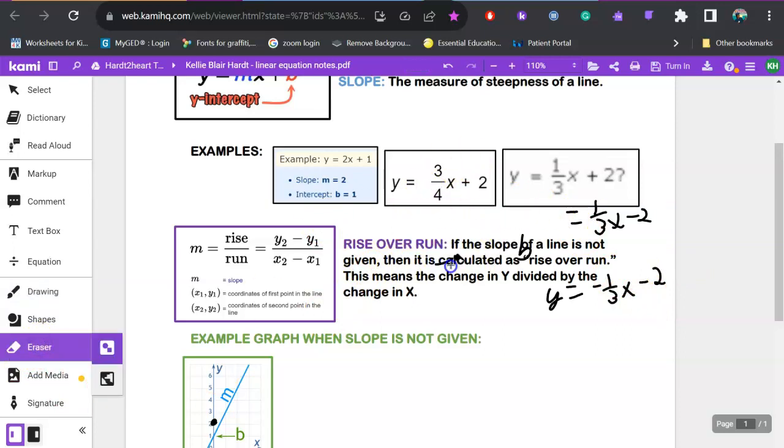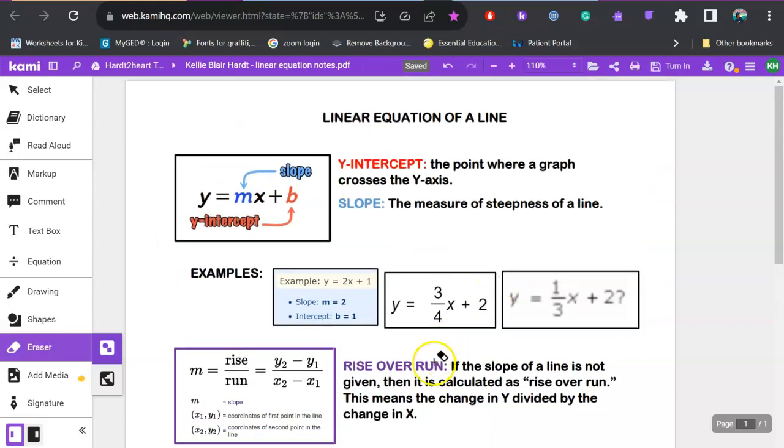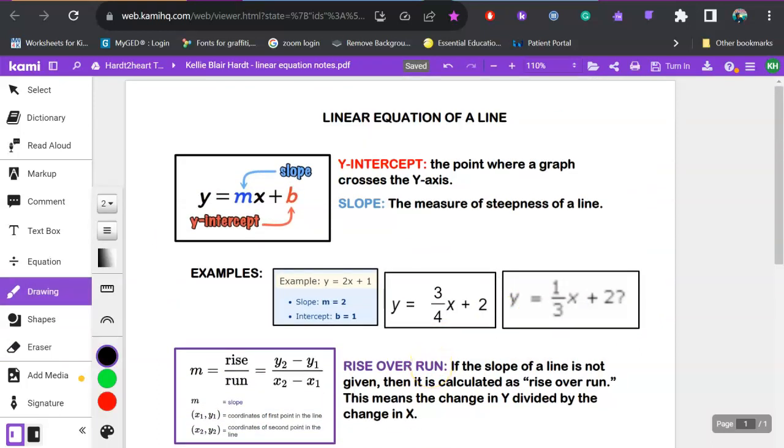Now that we understand the formula, one other part about the formula. Don't worry about down here just yet. We'll get there. Remember, we can see it as y equals mx plus b, or it can be mx plus b equals y.